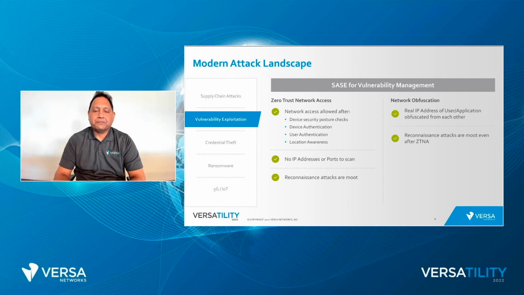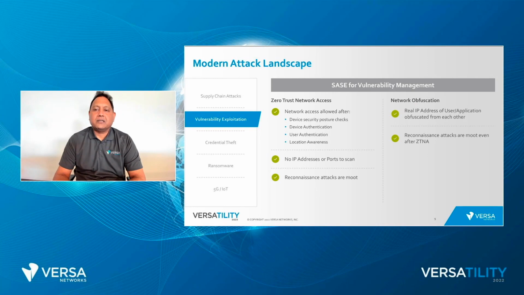Typically, any vulnerability assessment in the past starts with a network probe, a reconnaissance attack, usually an IP scan or a port scan or a combination of both, to see what assets are available on the network, to be able to launch attacks.